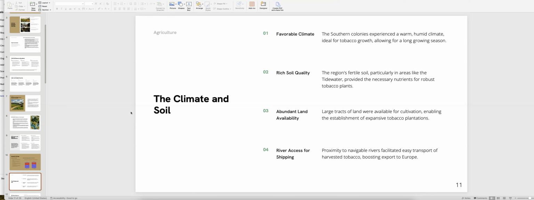What's helping the South as well is that you're getting river access internally so that you can ship things to, again, Durham, to Savannah, and not really New Orleans, but you've got enough transportation to get things even to Baltimore that's going to allow you to do the exporting to Europe.